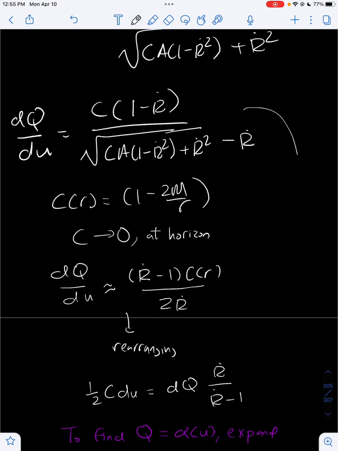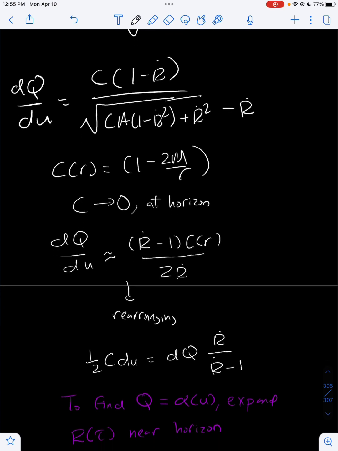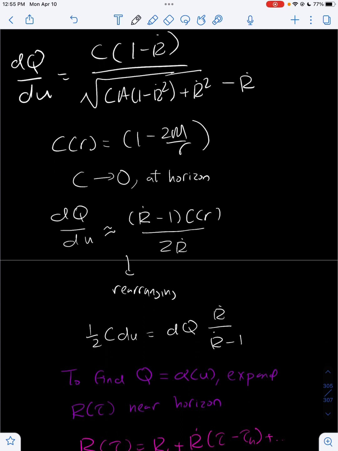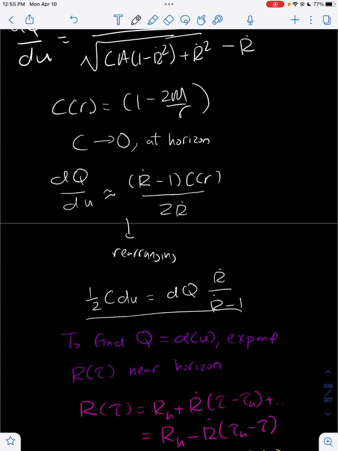How do we go from this to this? I'm not exactly sure. It's probably some mix of L'Hopital's rule or something like that. Whatever it is, you can simplify it like that as C approaches 0. Doing some rearranging, we can get this right over here.